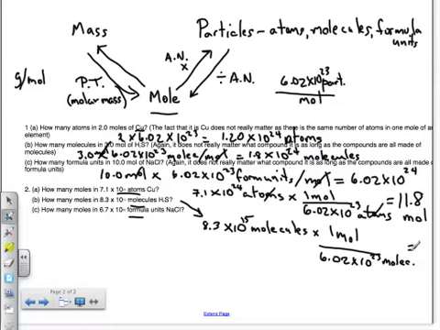I get 1.38 or 1.4 times 10 to the minus 8. So I'm going to write that right here. 1.4 times 10 to the minus 8 moles.